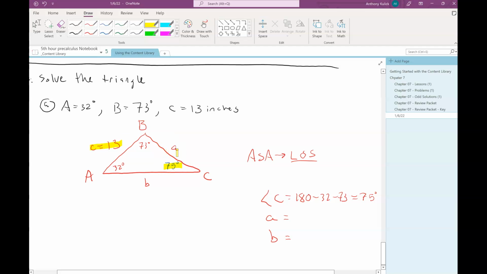Well, it's C, right? And then if I'm looking for side A, I'm going to say sine C over C is equal to sine A over A.